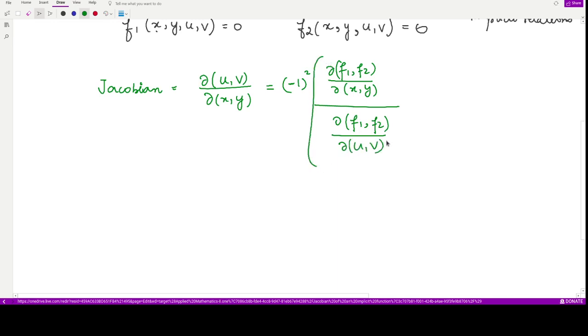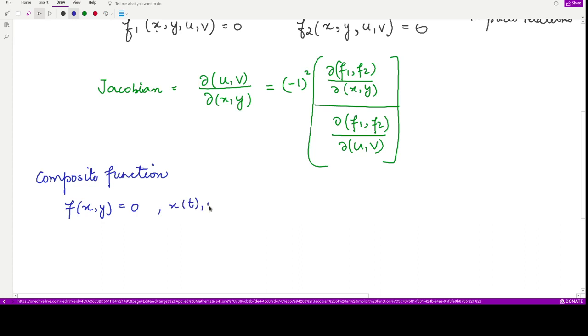Now if you see, this expression is similar to the one you computed for composite functions. For the implicit function f of x y equal to 0, where x was some function of t and y was some function of t, the derivative dy by dx was equal to minus f of x divided by f of y.